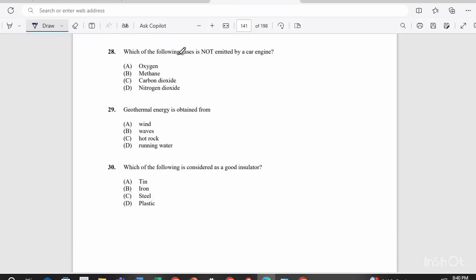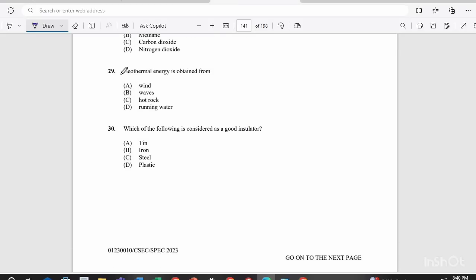Question 28. Which of the following gases is not emitted by a car engine? Is it A, oxygen, B, methane, C, carbon dioxide, or D, nitrogen dioxide? The answer there is A, oxygen. Question 29. Geothermal energy is obtained from A, wind, B, waves, C, hot rock, or D, running water.